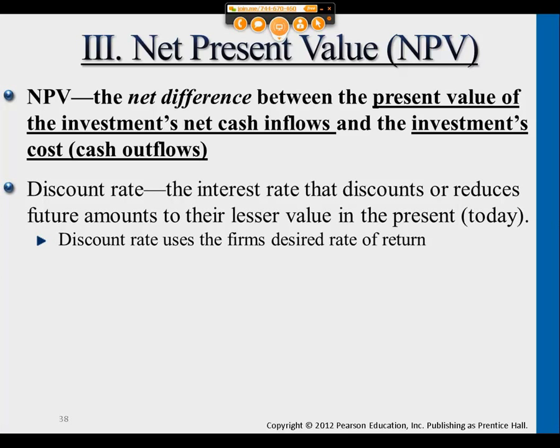So here comes another term, very important to understand. That's your discount rate.